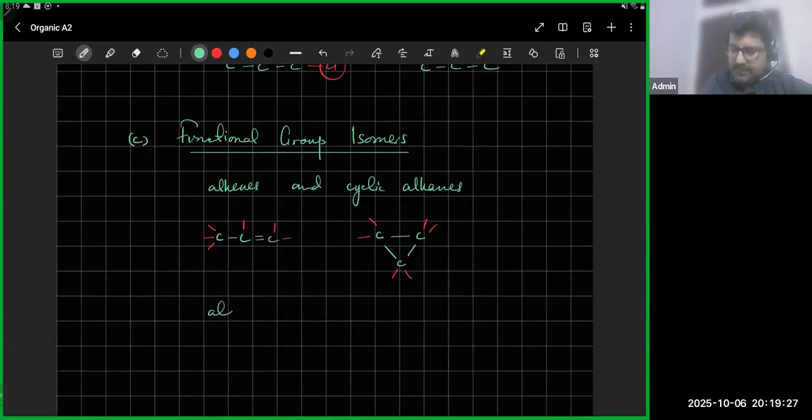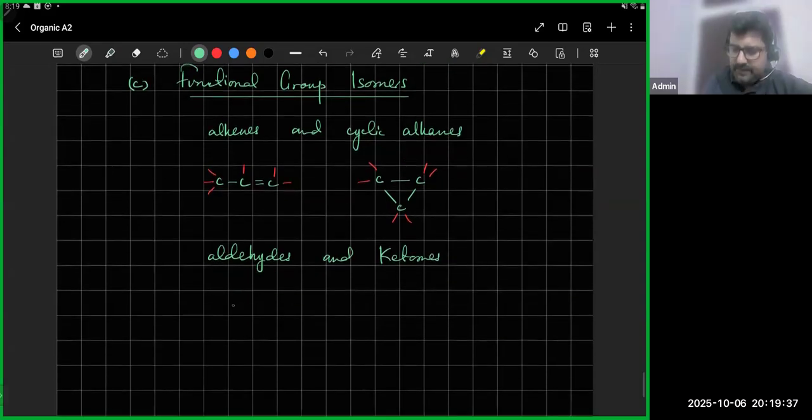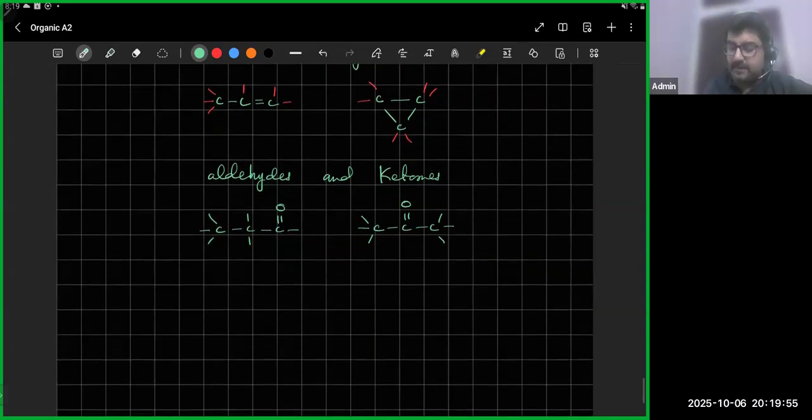Aldehydes and ketones are obviously isomers. For example, if I have an aldehyde, I can have a ketone as well, and that will have exactly the same formula. The difference is that one gets oxidized, the other one doesn't get oxidized.